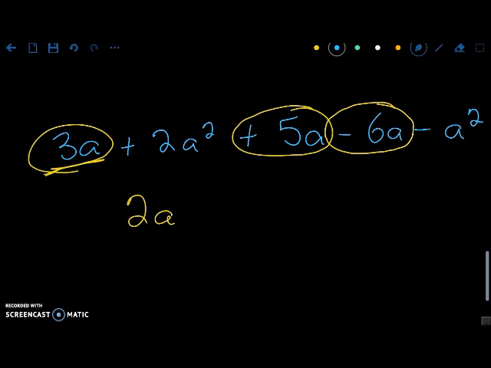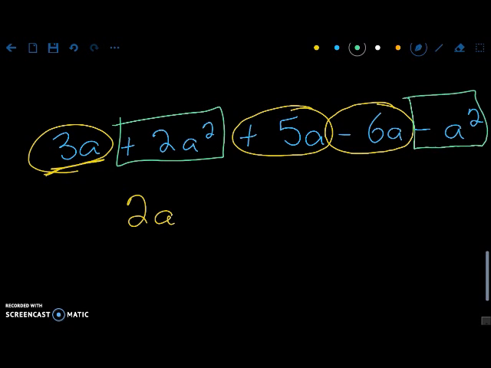And so that's all of our apples, and so now we move on to the pineapples. And so if we have 2a squared, 2 pineapples, and we're subtracting an a squared. Now, if you remember, we've talked about this in the past, but this actually has what's called a coefficient of 1. There's actually a 1 in front of that a squared. We don't always write it, but it is there.